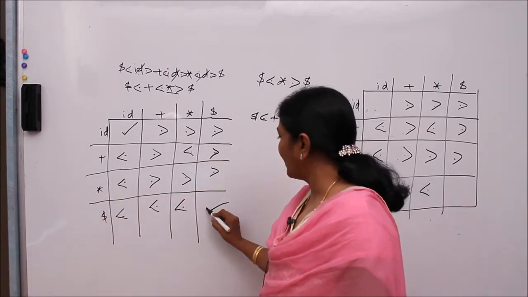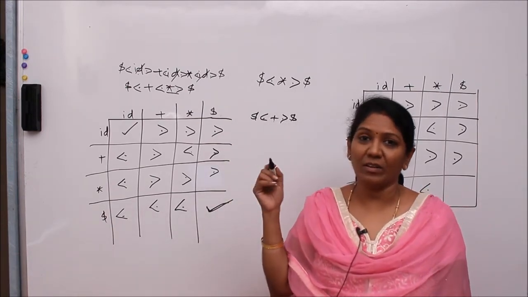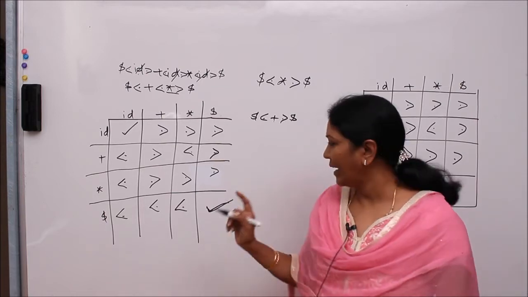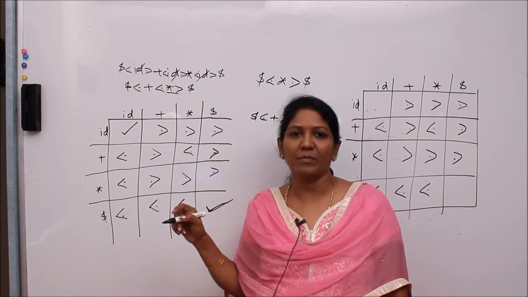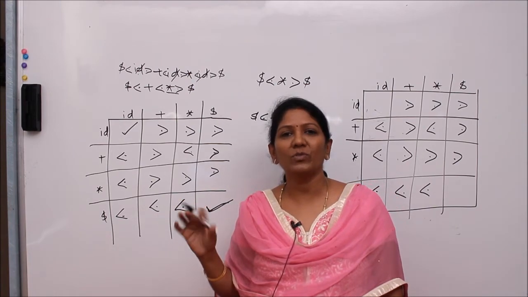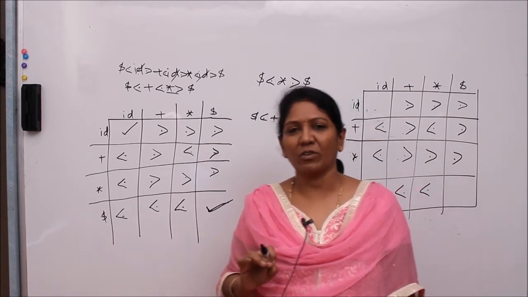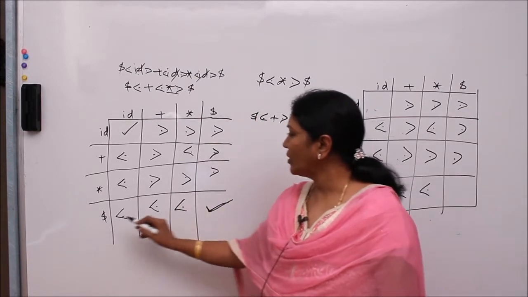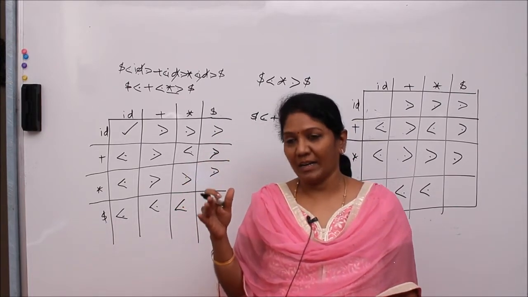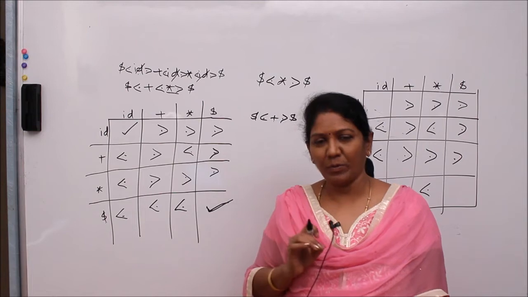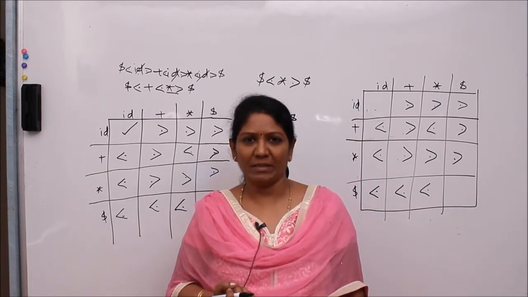So here you may wonder, what is this dollar on dollar? In the parsing algorithm, we said dollar on dollar is a successful completion. And here on the other side, I am confidently saying that any blank entry in a table is an error. Two statements are conflicting, isn't it? Actually, if dollar on dollar occurs at the beginning of the program, it is an error, because the complete input string is missing.